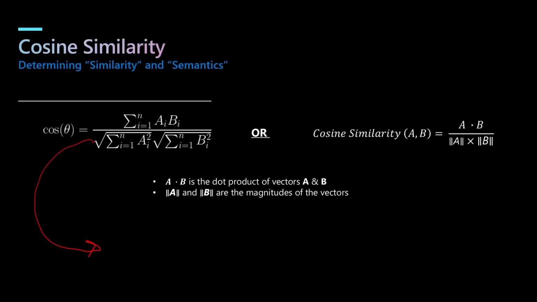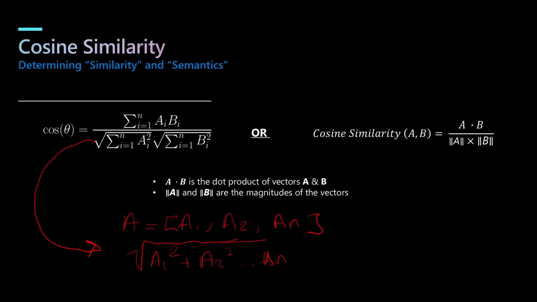The breakdown of this would be, let's say you have some vector, this is vector A, you have some amount of dimensions, extending to an. The bottom of this would look like the square root of a1 squared, which is the first dimension, plus a2 squared, and so on until an squared.